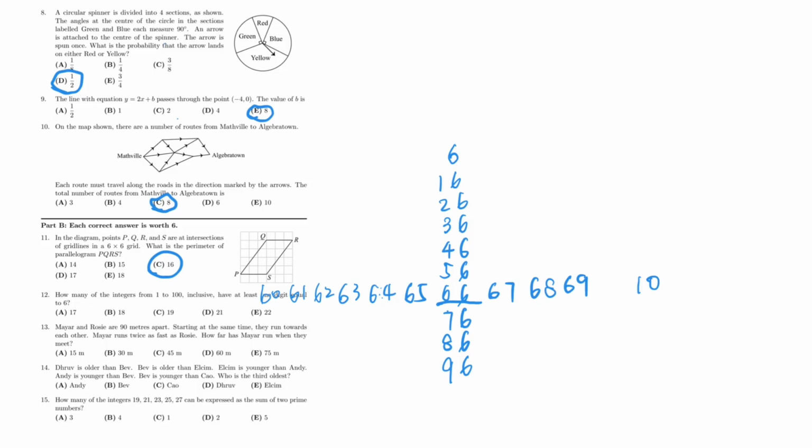From the 6 to the 96, also the 10 numbers. So 2 times 10, but we have the over counting. We count 66 two times, so minus 1. That's the 19. Therefore, the answer of 12 is C, 19.